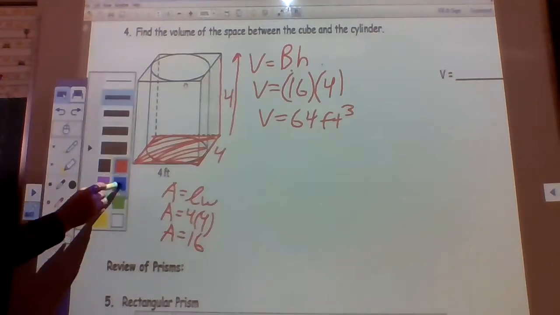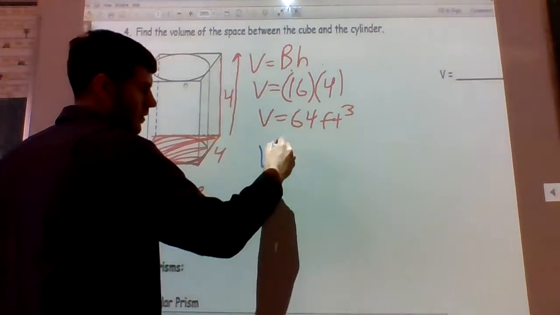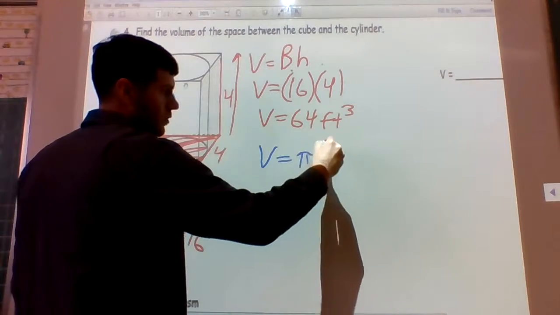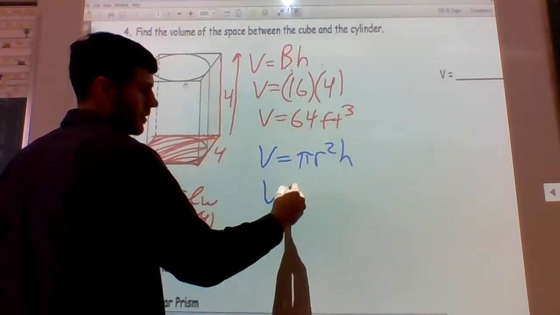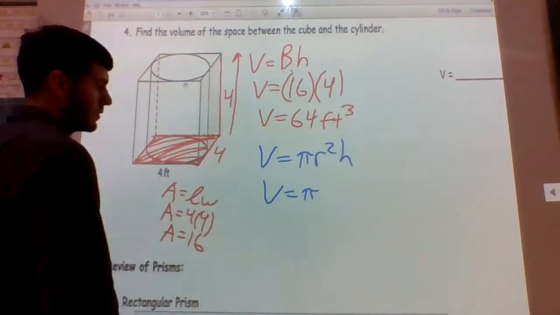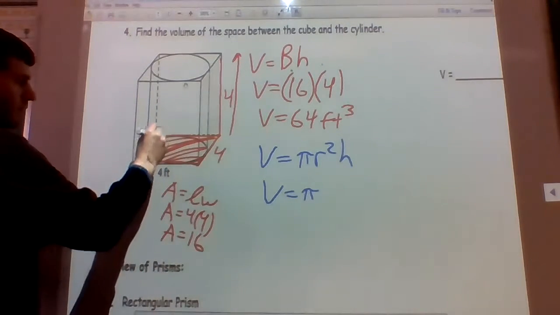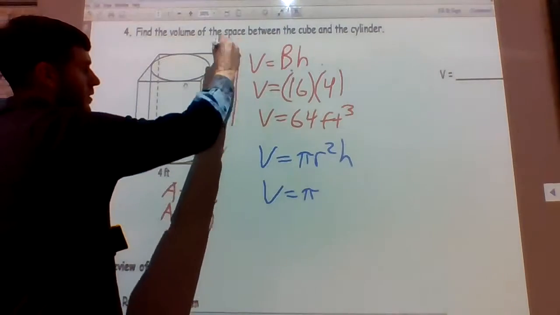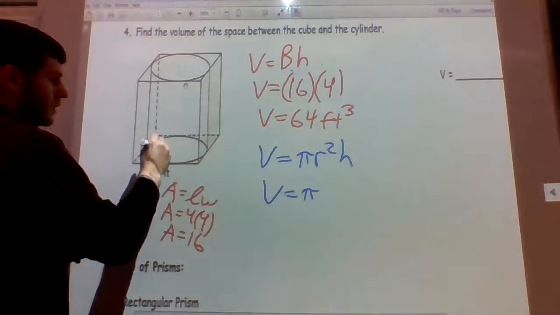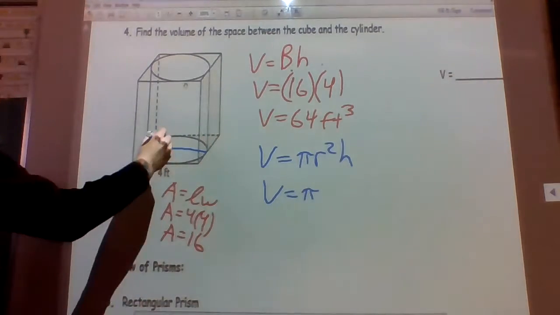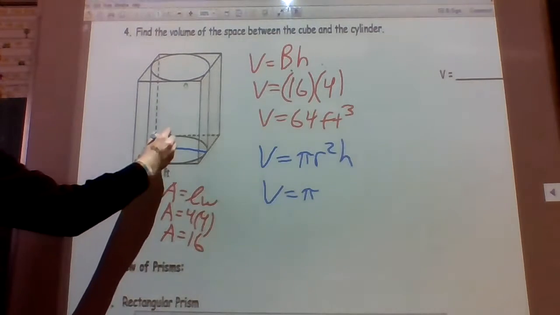The volume of the cylinder, pi r squared h. So pi times, what's the radius? It's 4 feet across here, this length right here. Okay, so that's the diameter.